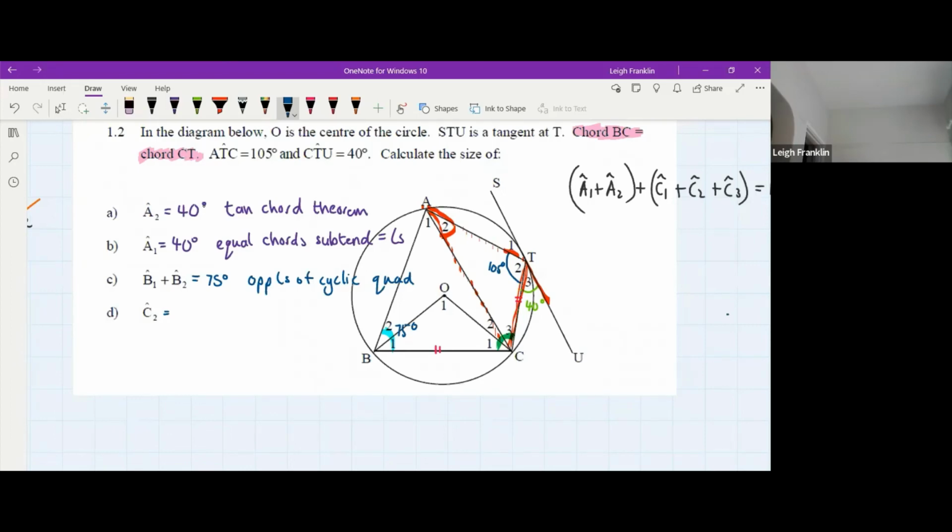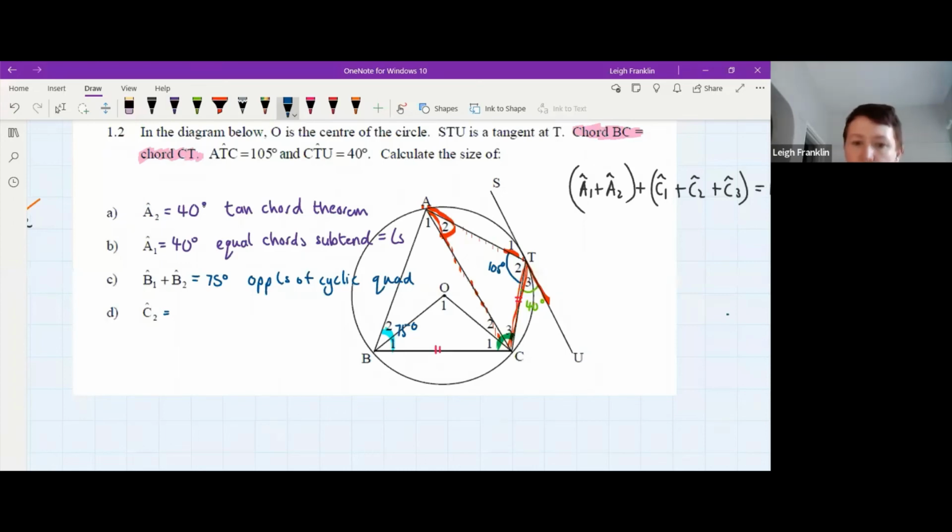Okay, that's wonderful. How did we get C1 though? I got O1 because angle at the center is 2 times the angle at the circumference. And then since OB and OC are radii, they're equal, which means this is an isosceles triangle, which means angle C1 and B1 would be equal.